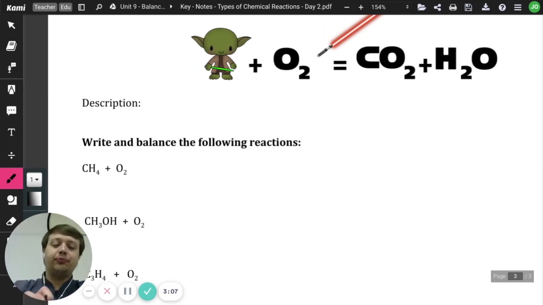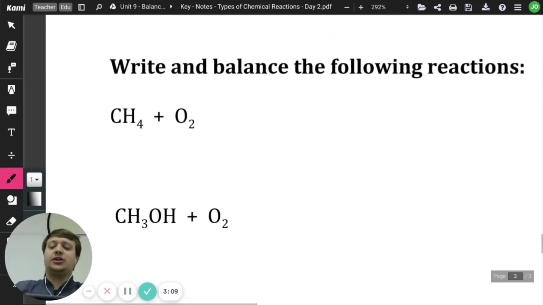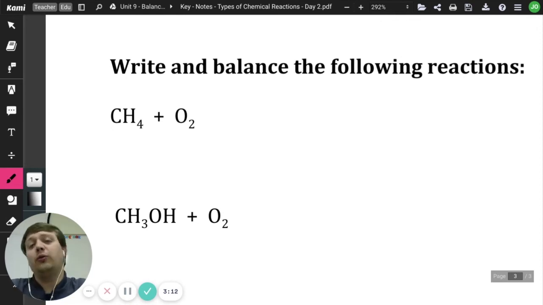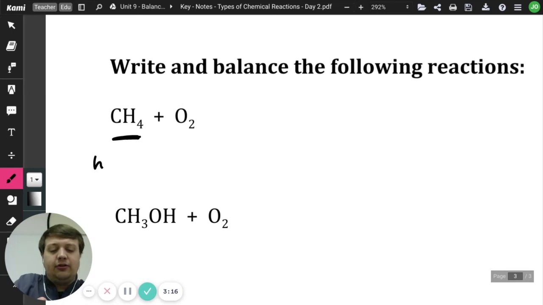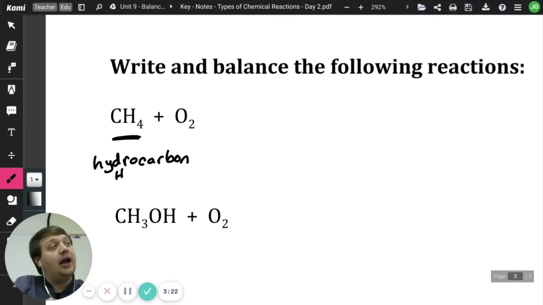Okay, so looking at this reaction, I know that this is going to be combustion. How do I know? Right here, I have a hydrocarbon. Okay, hydro, think hydrogen, carbon, think carbon. So you've got to have hydrogen and carbon present in that reaction.